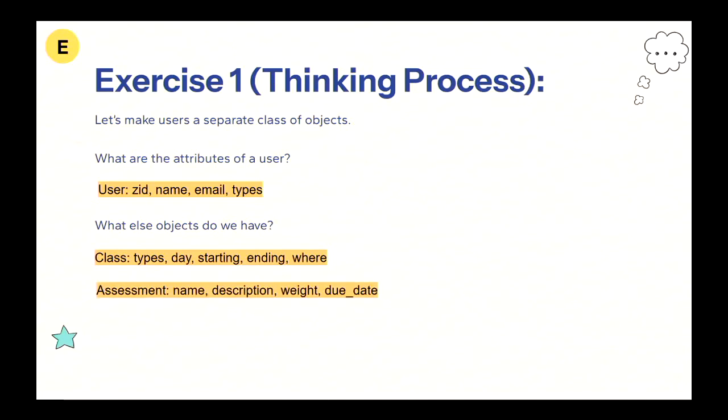The second one is, as you saw on our course outline, we have a few assignments. Each assessment must have a name, whether it is a quiz, an assignment, or an exam, and these assessments should also have descriptions and weight.